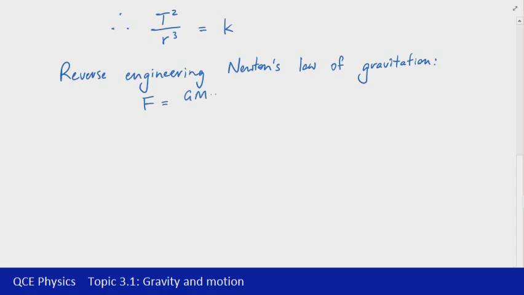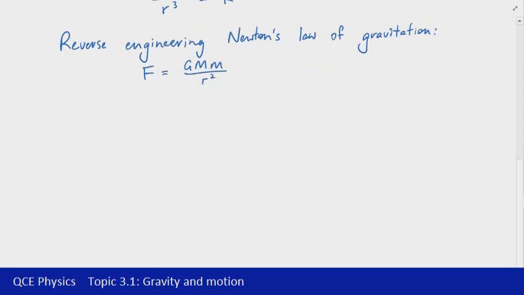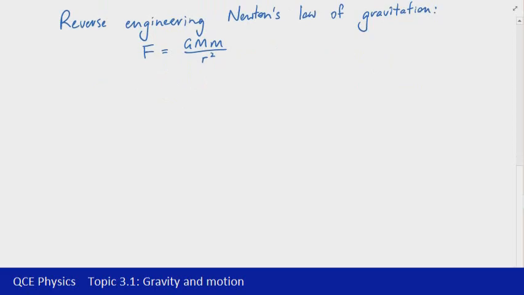So first of all, if we start out with that relationship that we've seen a few times already, so F is equal to G M m on R squared, we've already identified in a previous video that gravitational force is providing centripetal force. So that is another substitution that we can make here.